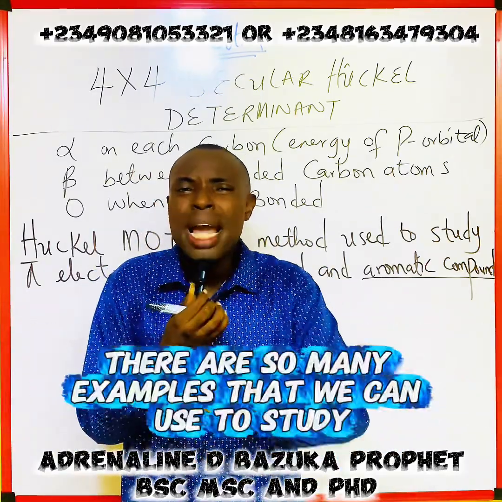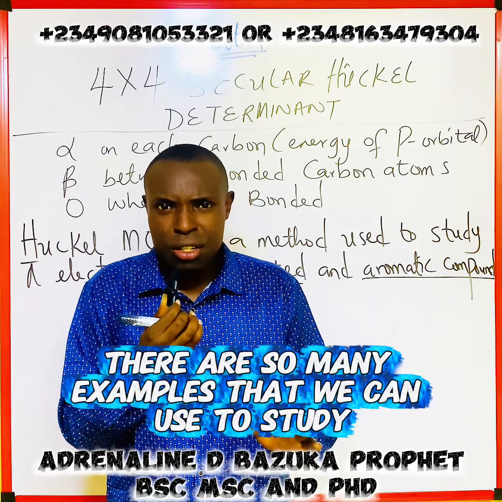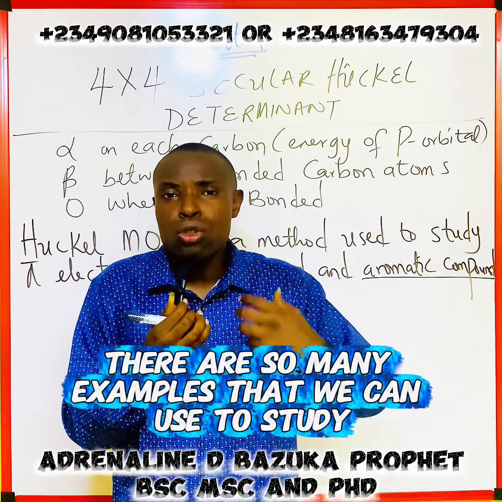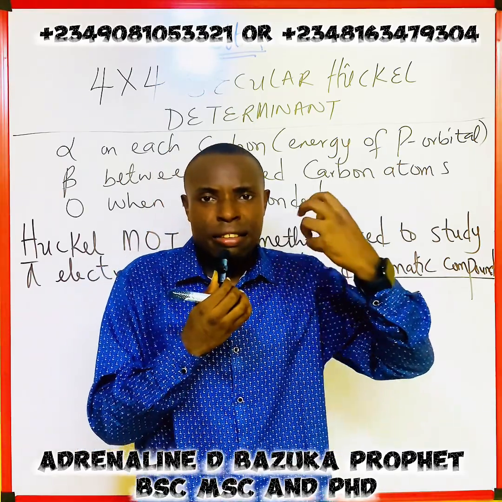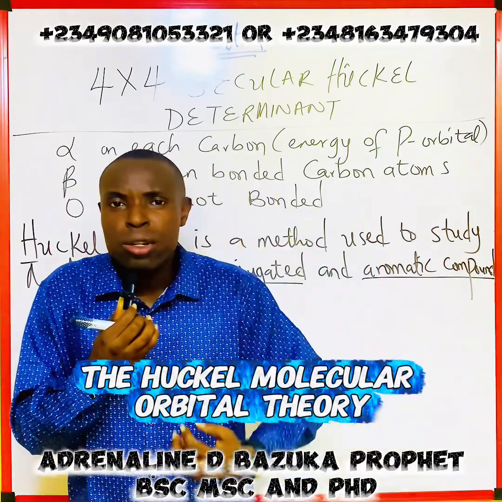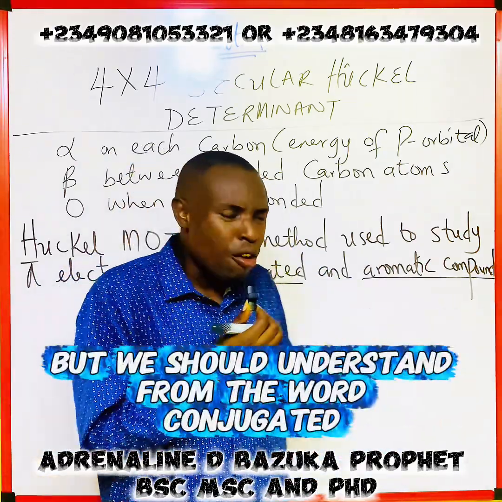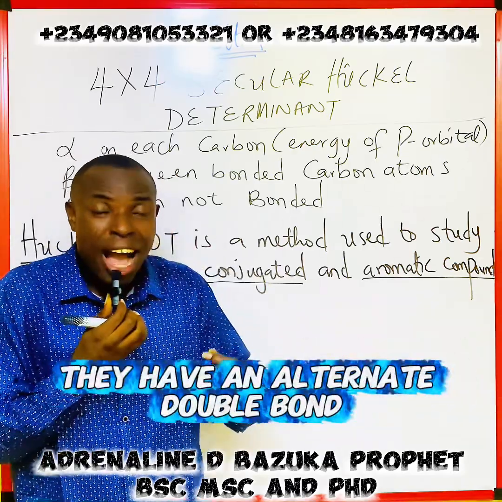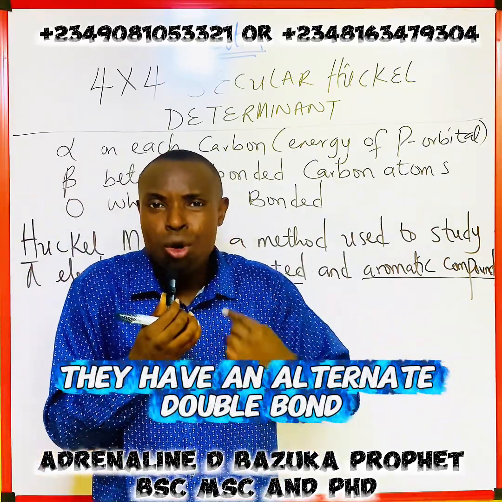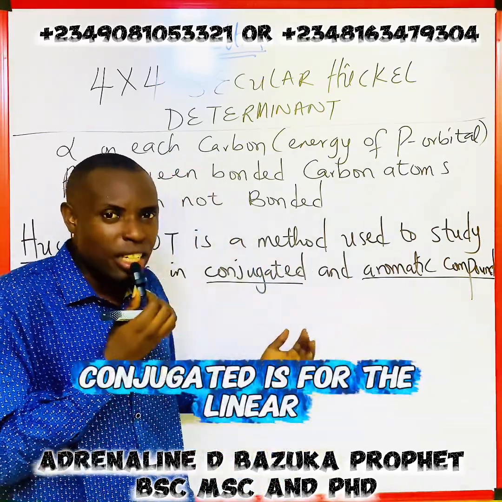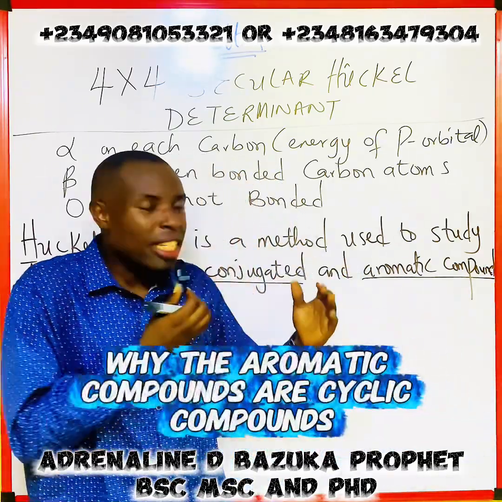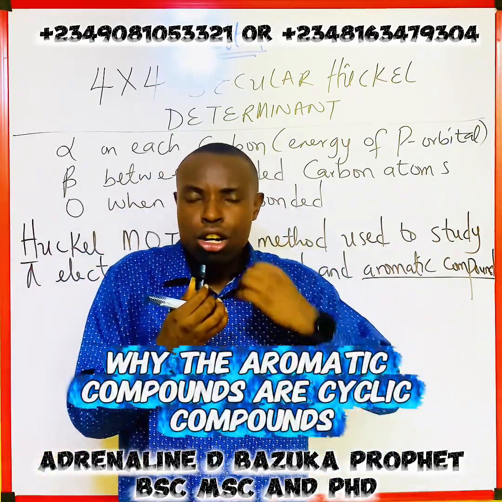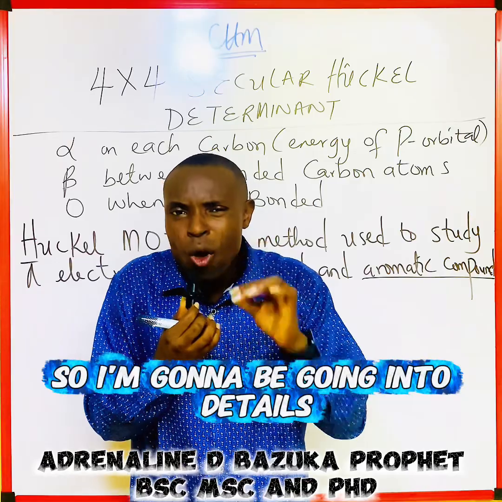There are so many examples we can use. But from the word conjugated, what should come to your mind? They have alternate double bonds. Conjugated is for the linear, while the aromatic compounds are cyclic compounds. So we're going to be going into details.